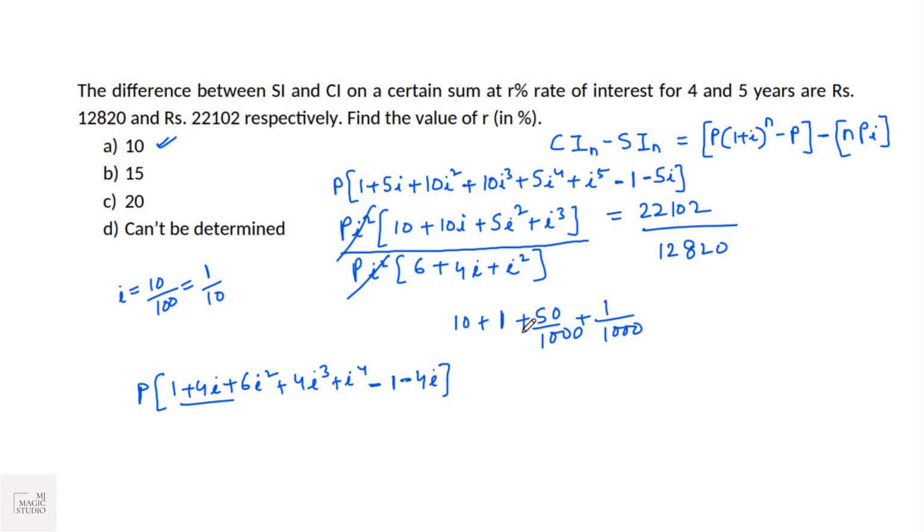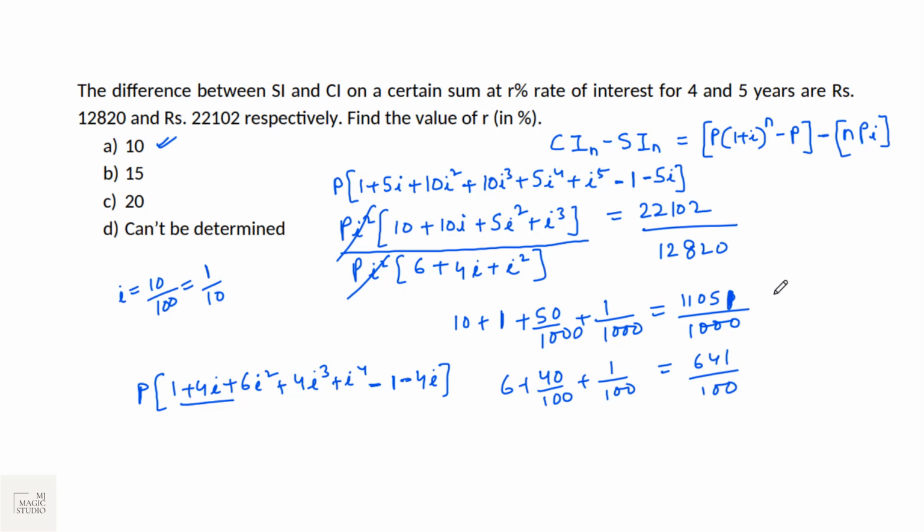So that would be 11051 divided by 1000. And denominator would be 6 plus 4 by 10 plus 1 by 100. So that is 641 by 100.